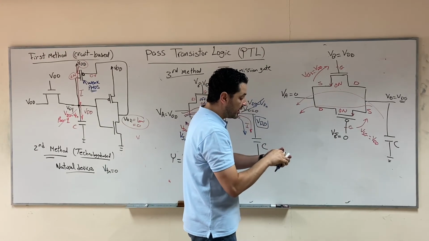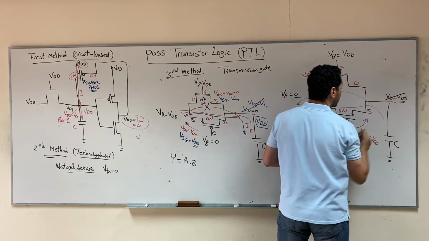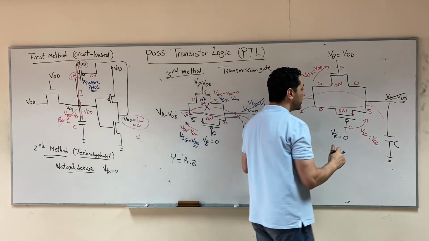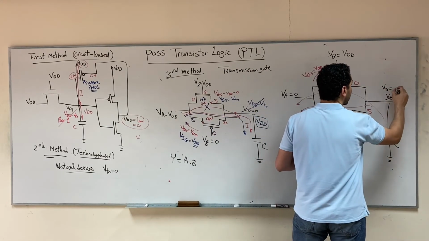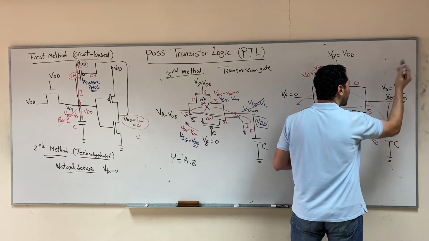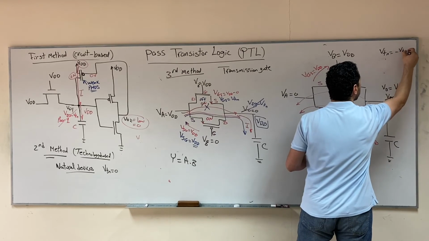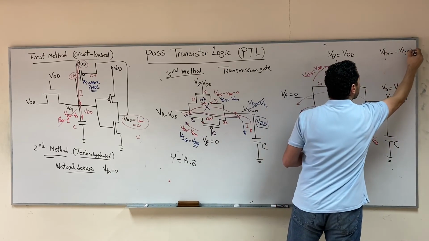The capacitor is going to discharge. Until when? Until the voltage of the capacitor reaches V threshold. And here we assume that V threshold N equals negative V threshold P. Okay? So until V output equals VT.